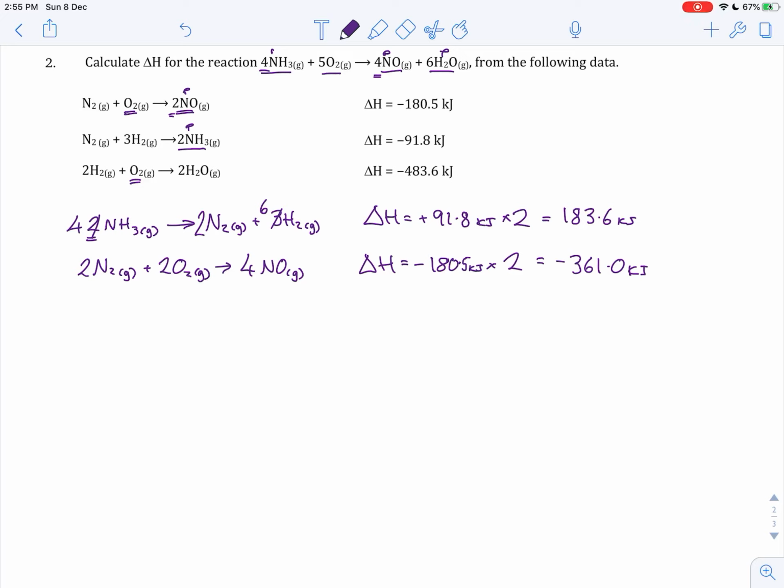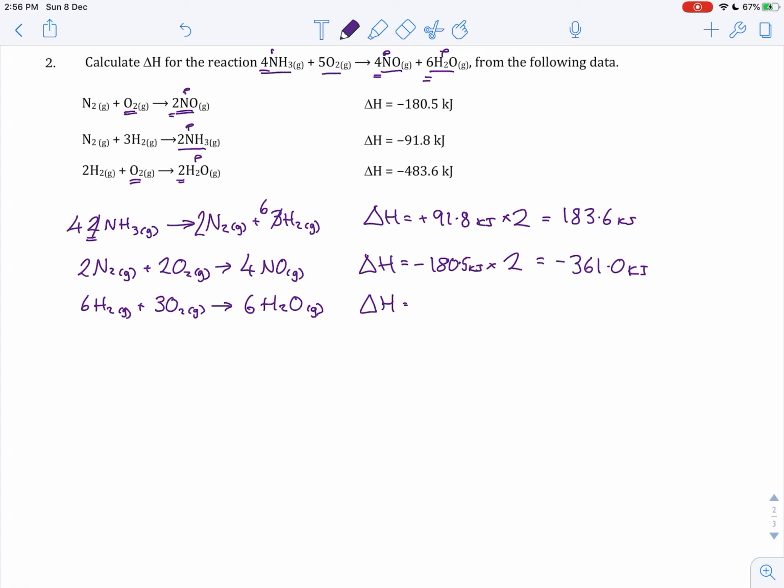Water is a product, and the only place we've got water is as a product in reaction 3. Again, it's not quite right because we've got 6 in the equation we're being asked about, and we've got 2 in the reaction we're given the enthalpy for. So we're going to have to multiply 2 by 3 in order to get to 6. So 2 times 3 gives us 6 hydrogens plus 3 oxygens yields 6 waters.